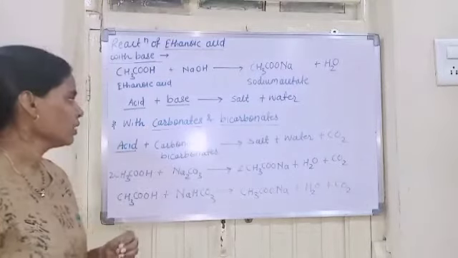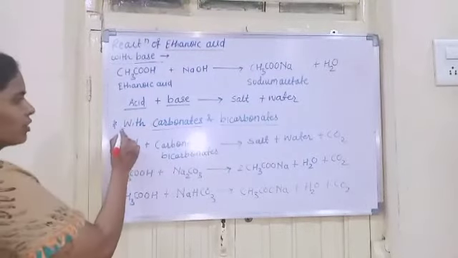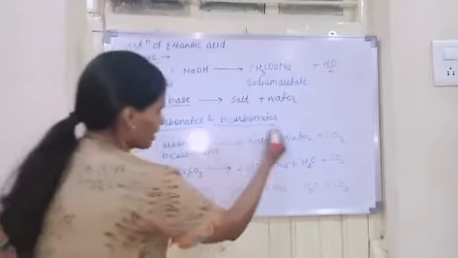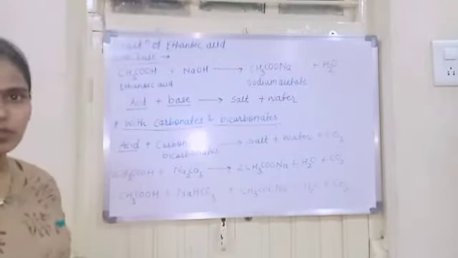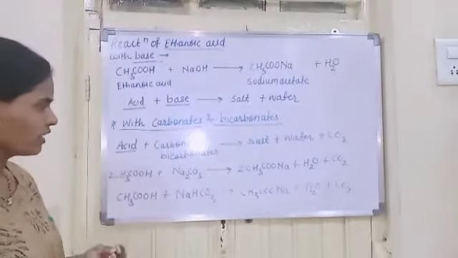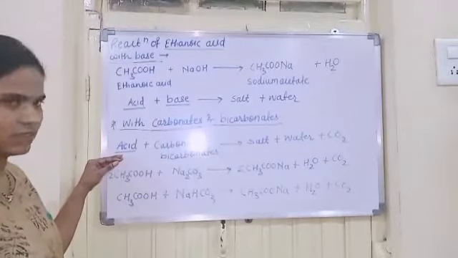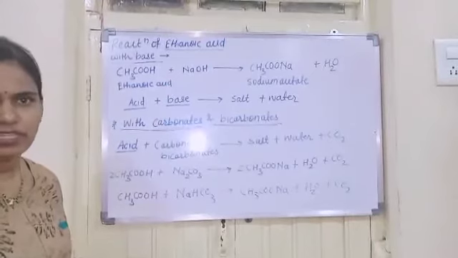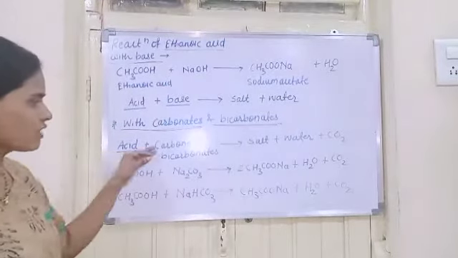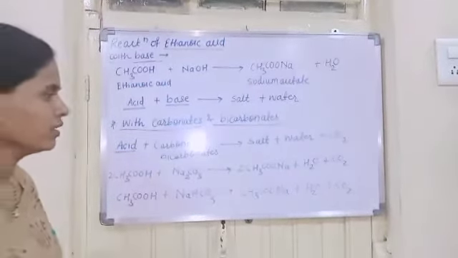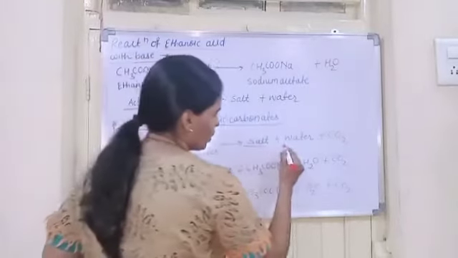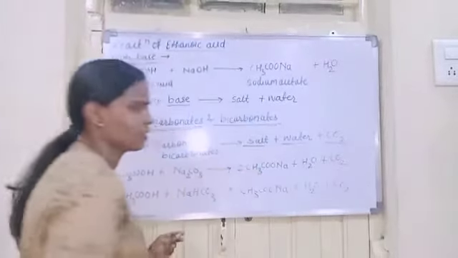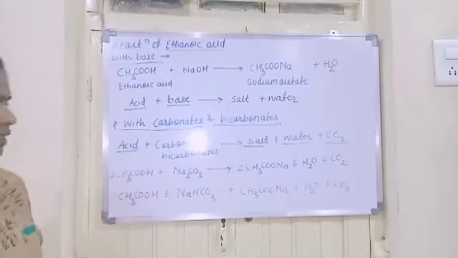Understood this? Now another, the reaction of ethanoic acid with carbonates or bicarbonates. The general reaction is, when any acid, like mineral acid or carboxylic acids, reacts with carbonates or bicarbonates, it gives three products, that is salt, water and carbon dioxide.